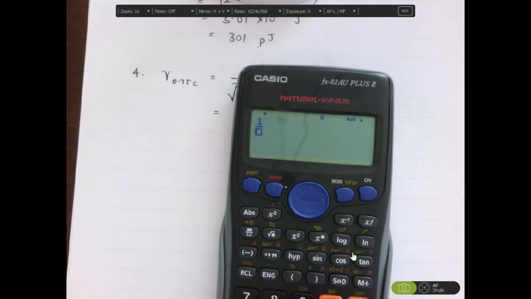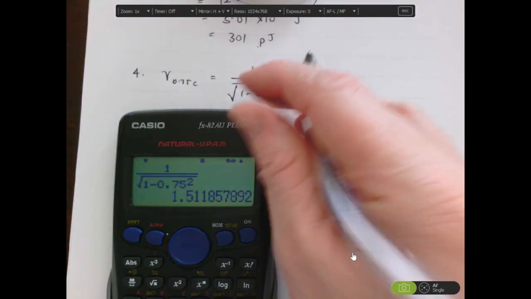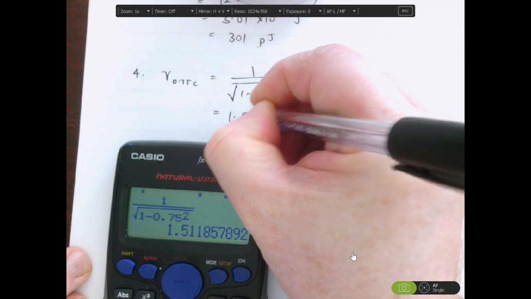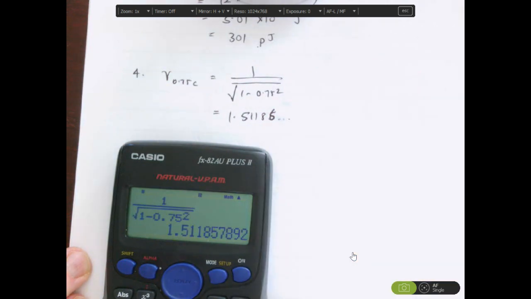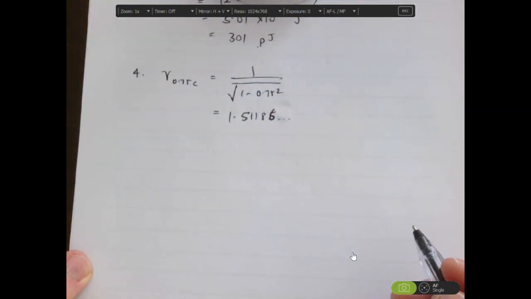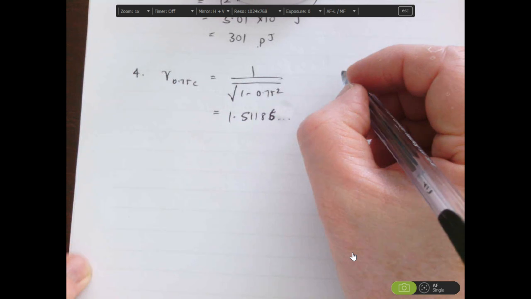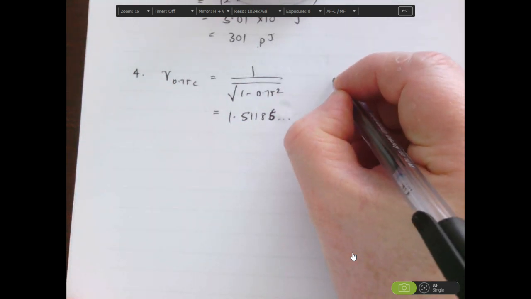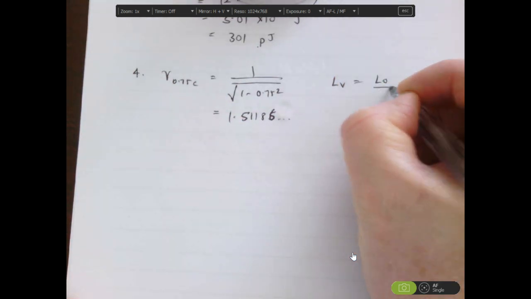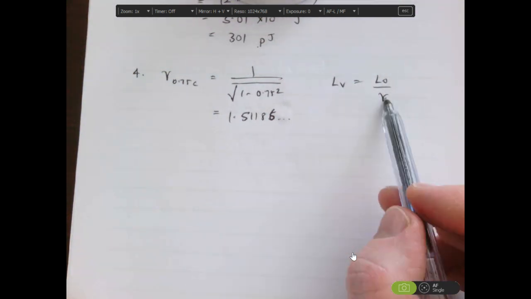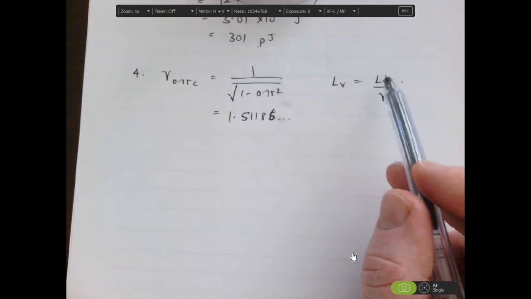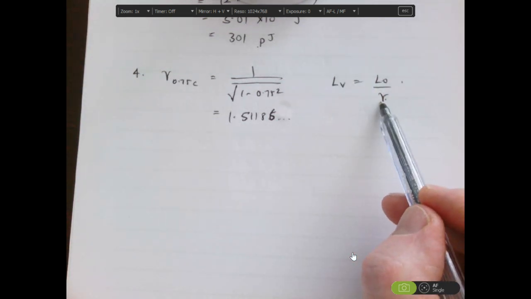Popping that into our calculator, it's 1.51186. So we're talking about length here, so we are thinking about length contraction. So Lv equals L naught on gamma. Most of our formulas have the gamma up the top, but just remember, for this formula the gamma is in the denominator.